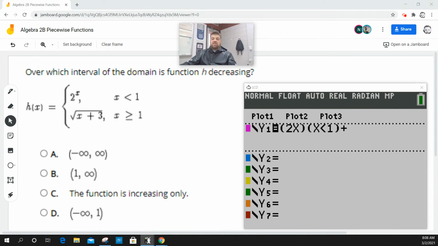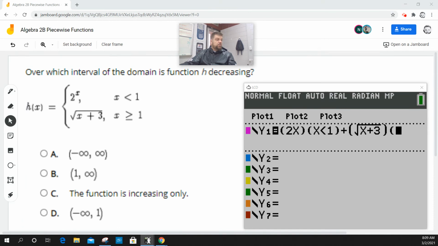Then I hit the plus symbol, because it's going to graph this plus something else all in one graph. So then I put the second function, and I'm going to say the square root of x plus 3. Oops, I don't need that last little thing there.